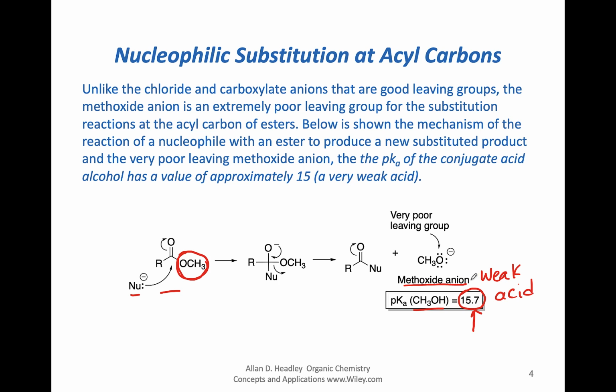If it's a weak acid, that means that its conjugate base here is a strong conjugate base. Of course, you know that because you use that whenever you do an elimination reaction. You need a strong base. So this is a strong base, which means that it is a very poor leaving group. So this reaction here is not favorable because the leaving group here is a poor leaving group.